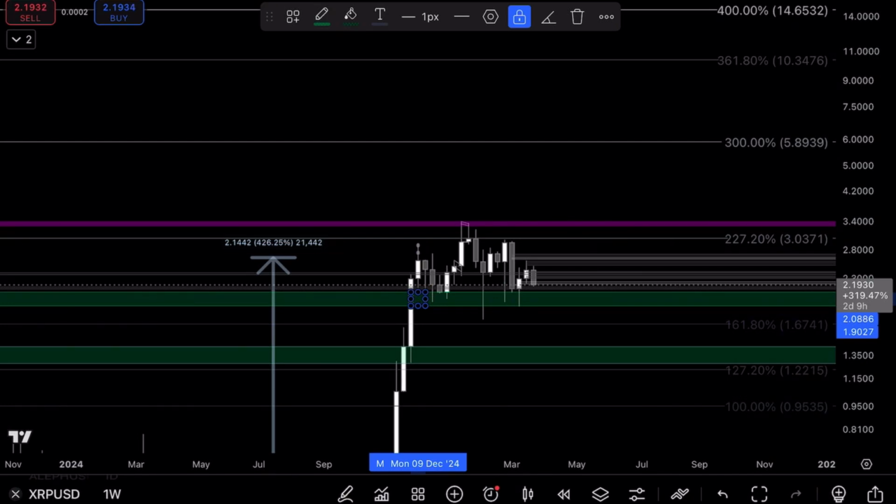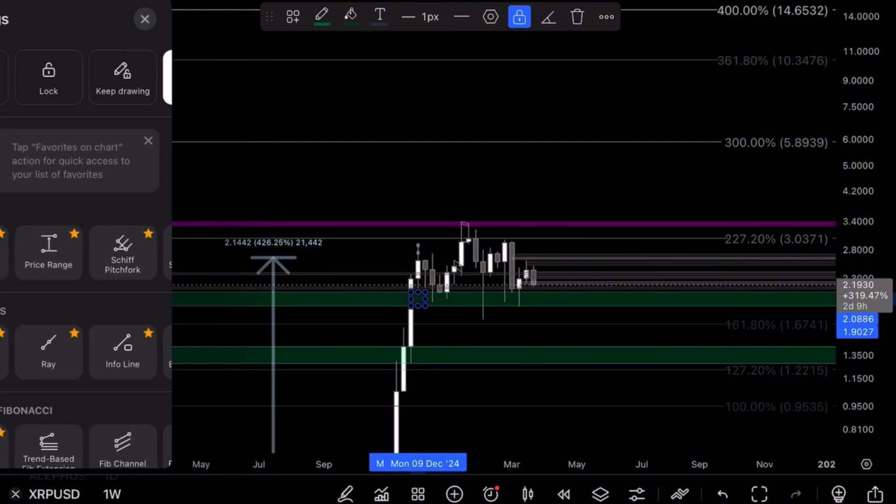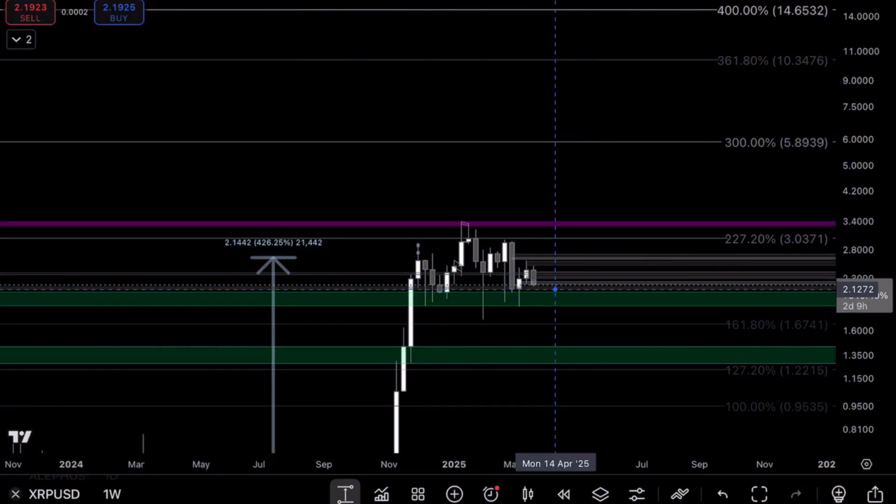And if it were to do this on the weekly chart, I would be targeting XRP, first back to the 227 level, and then to the 300% level, which is over $5.